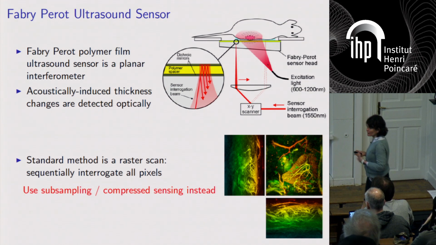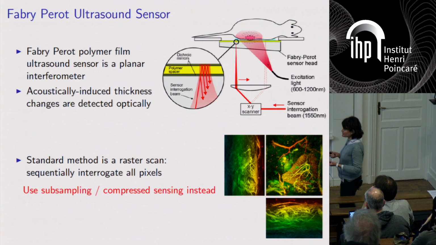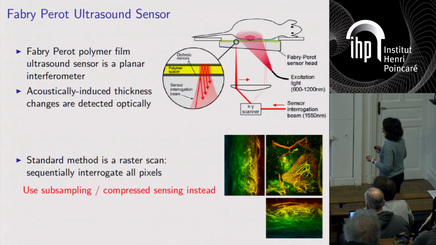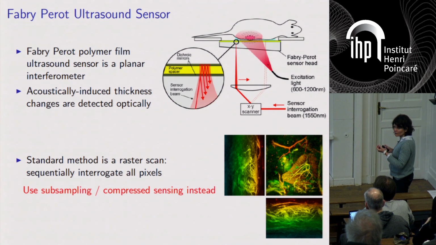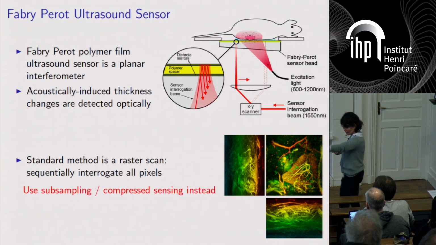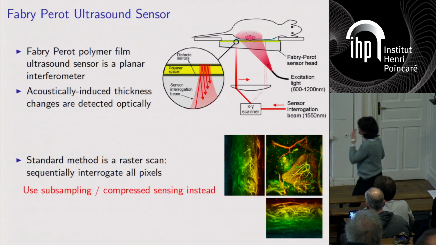Of course, it is inherently a sequential process, so it takes time, okay? So then you can obtain images looking as fantastic as that, and because we are in 3D, the images that you're looking at are so-called maximal intensity projections. This is looking from the top, and this is looking from the sides, and it's just looking at the maximal intensity along the lines.